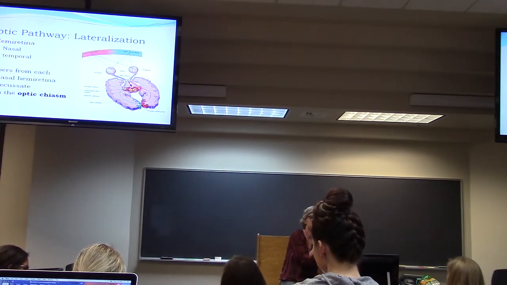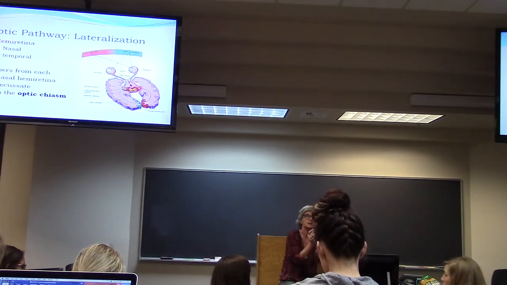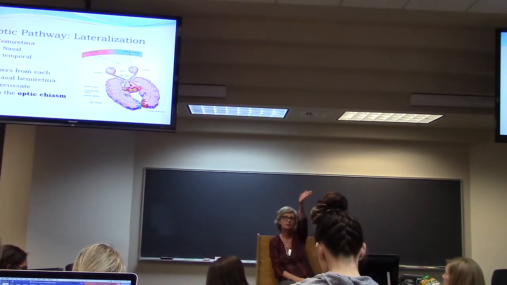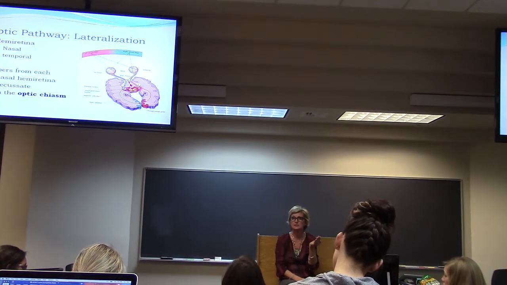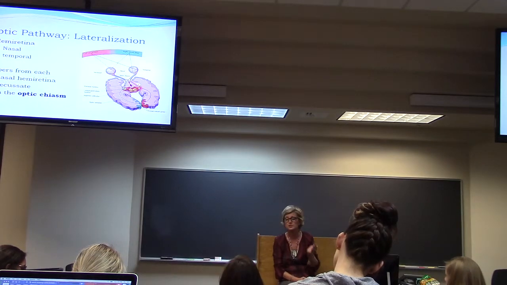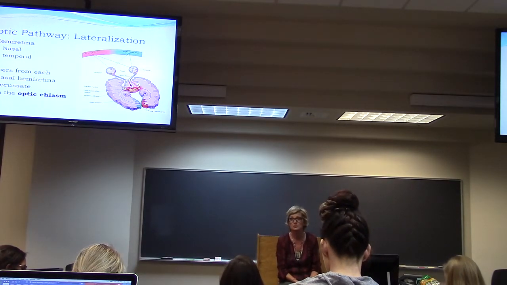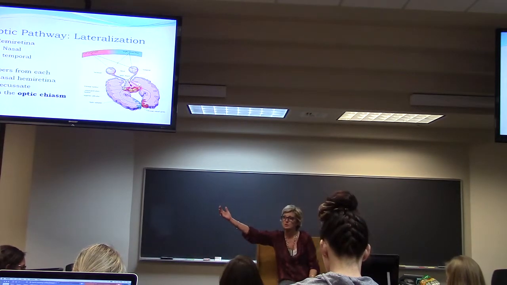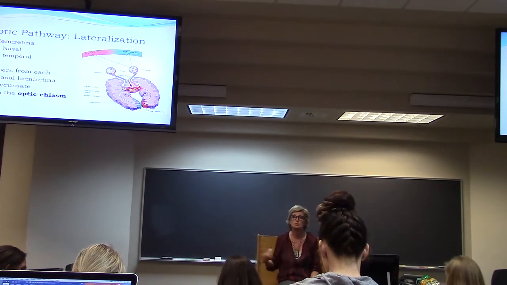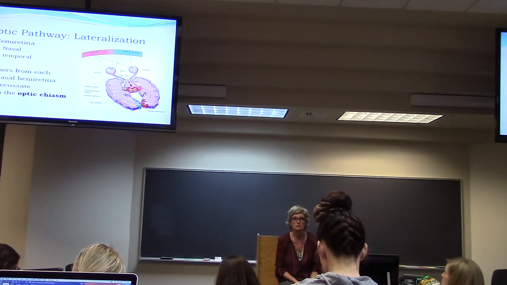So you have this information coming from these two halves. The temporal half stays with its own side. So the temporal half of the left eye is received to the visual cortex of the left hemisphere. The temporal portion of the right eye is received to the visual cortex of the right hemisphere.